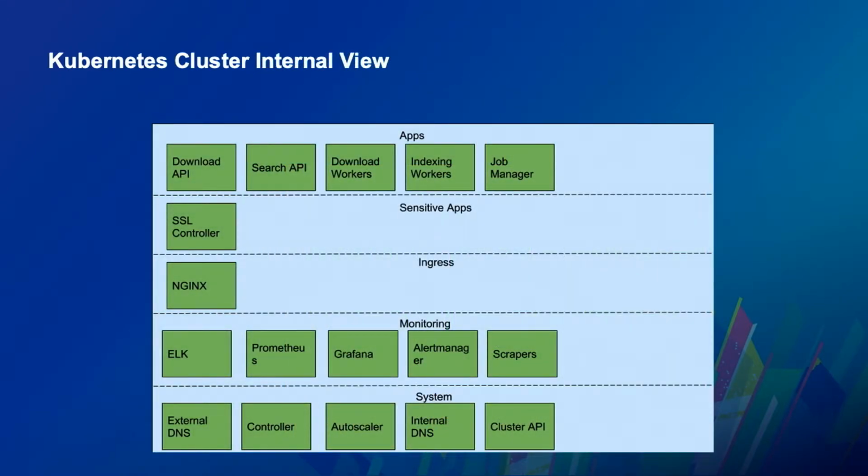Inside our cluster, we have things broken up into namespaces. At the bottom level, there's the system. This is a level that developers should pretty much never be touching. We have our external DNS here. External DNS is mapping our AWS load balancers, which you saw on that last slide, how the cluster connects to the internet.